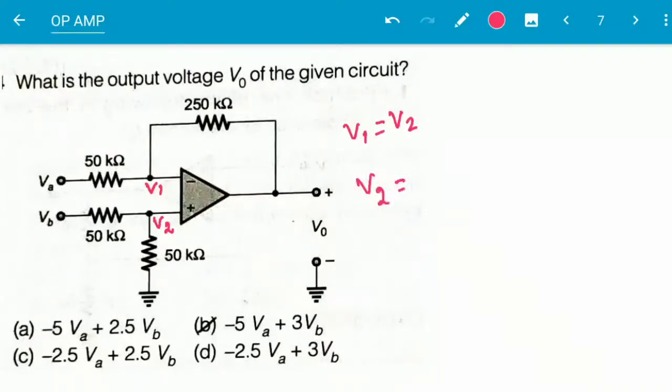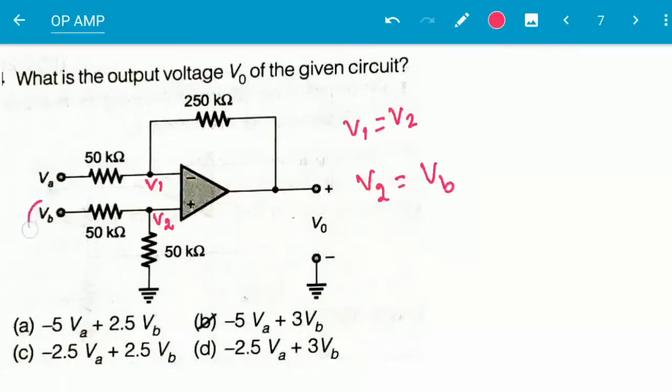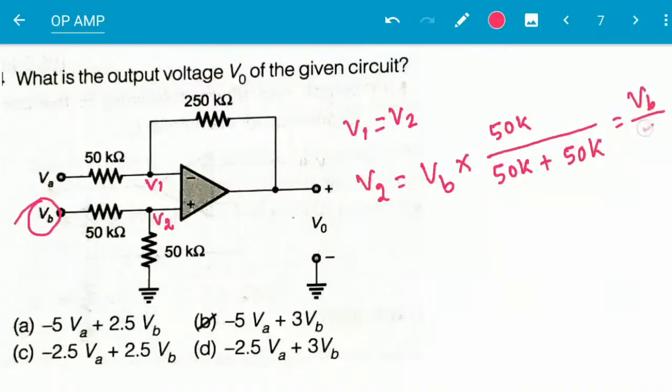V2 will be, sorry, not V0, VB into 50k by 50k plus 50k, that will be VB by 2. Here I have applied the voltage division formula. I have to find the voltage across this 50k, which is V2, and V2 will be equal to V1, so that I can find the output voltage.